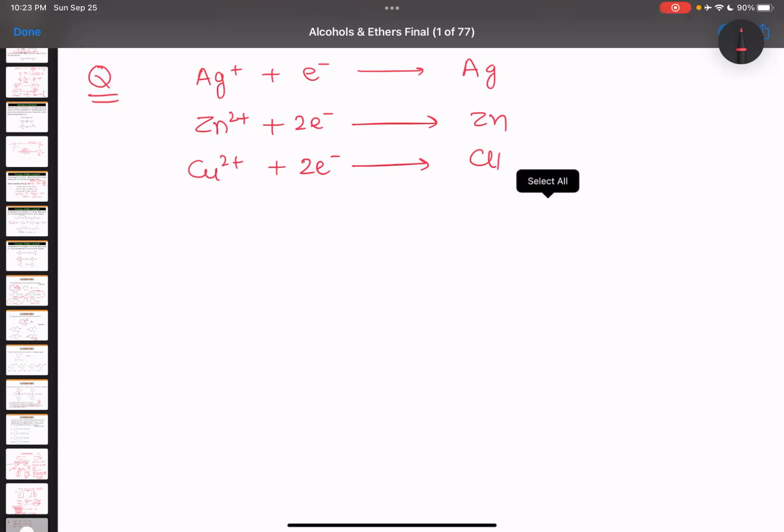And you have, let's say, chromium 3 plus. So standard reduction potential is going to be minus 0.74. These are electrode potentials. Okay.